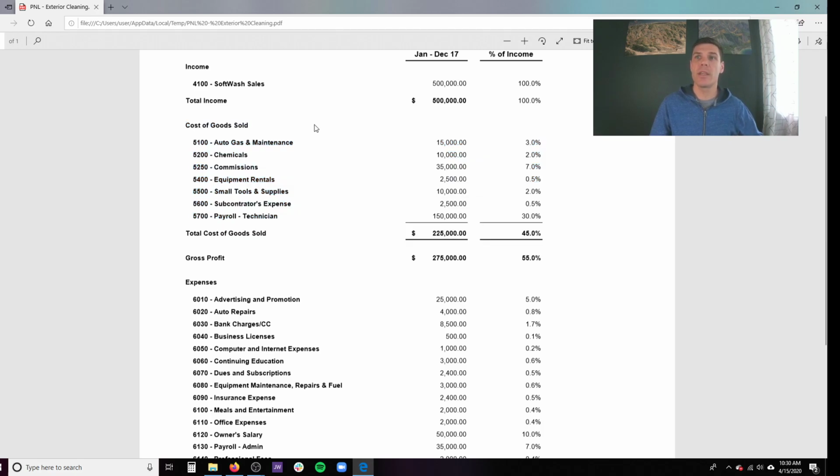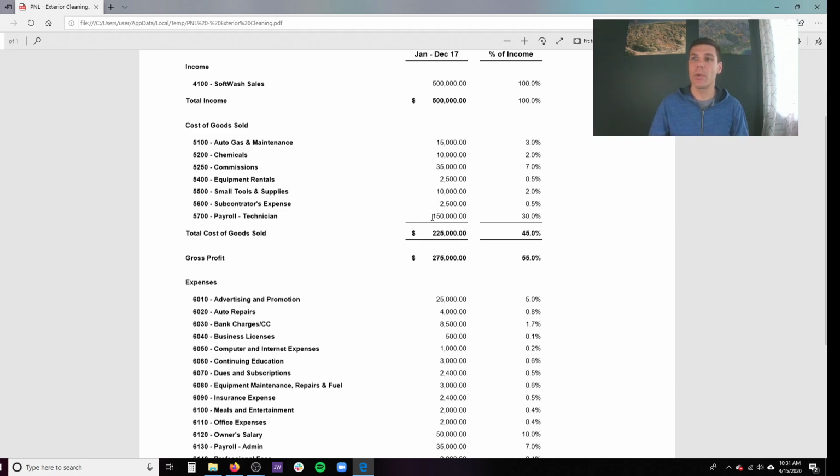So you'll see things on here that you're very familiar with, things like fuel for our fleet vehicles, chemicals, equipment rentals, small tools and supplies, whether it's a broom or a vacuum or a squeegee or a power washer, anything that we need to have to be able to go out and deliver our service to our customers, those expenses would fit within cost of goods sold.